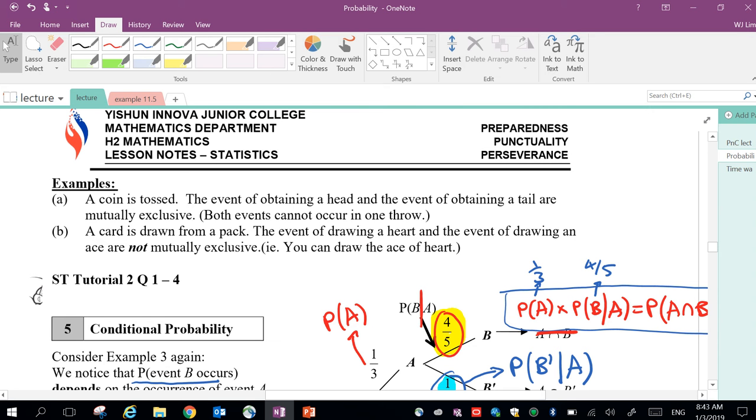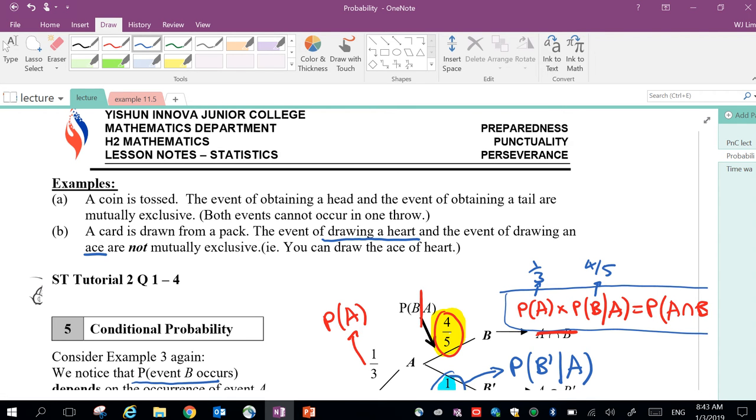For part B, if I draw a card and the event of drawing an ace, they are not mutually exclusive because we can intersect. We can draw a card that is the ace of hearts. So this is not mutually exclusive for part B. I've explained when it is mutually exclusive and when it is not, showing you examples.